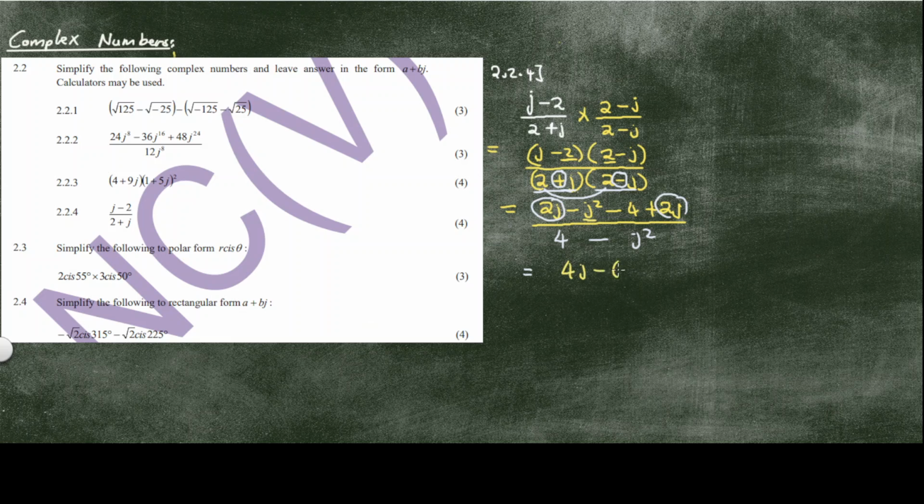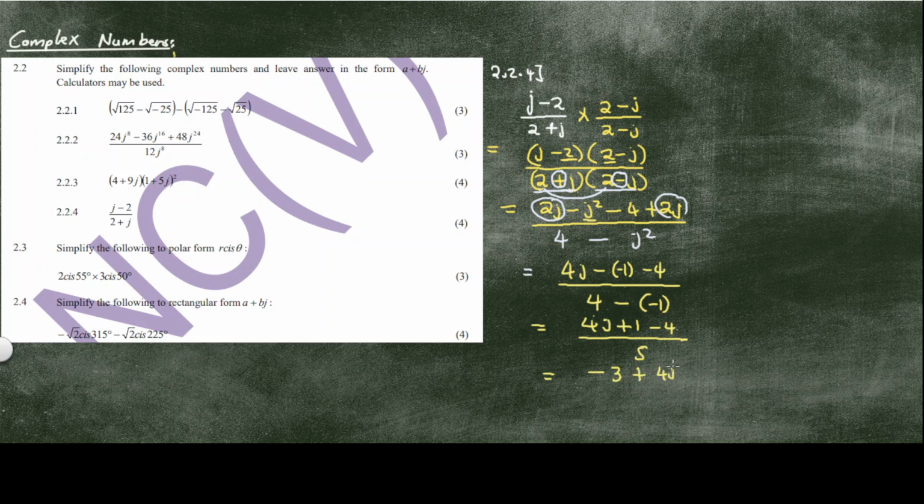This produces a minus 1. We have a minus 4. And then here I have a 4, a minus, and a negative 1. We simplify.